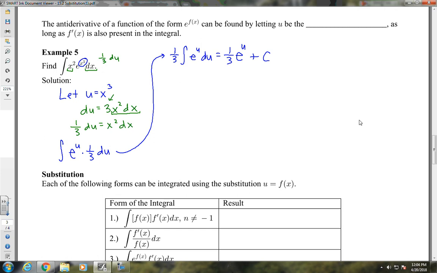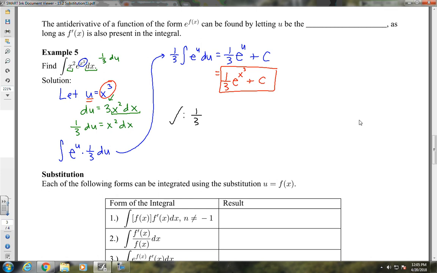Finally, we need to replace our u with the original variable. u represented x cubed. So in terms of our original variable, we get 1/3 e to the x cubed plus c. That's our antiderivative. Let's check it for good measure. If I were to differentiate that expression in red, I would have coefficient 1/3.